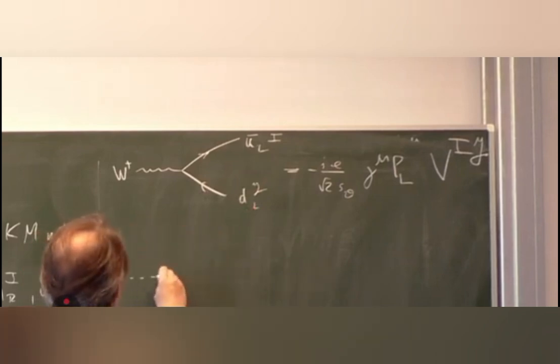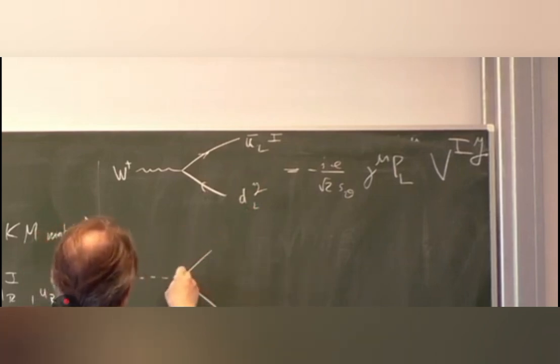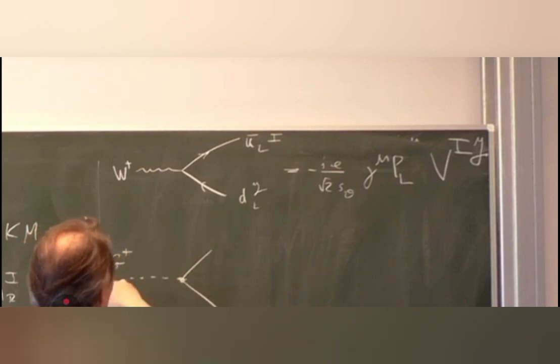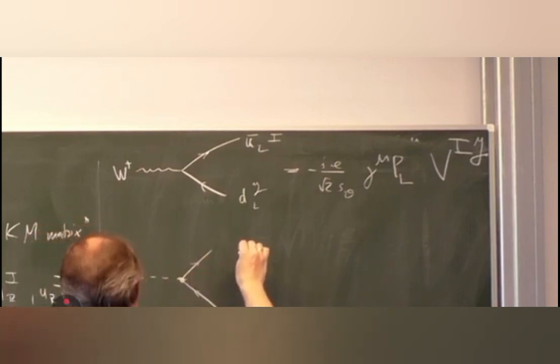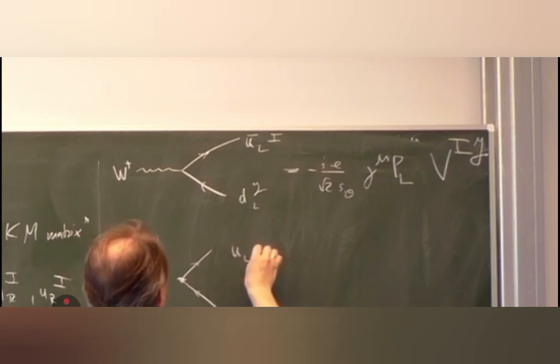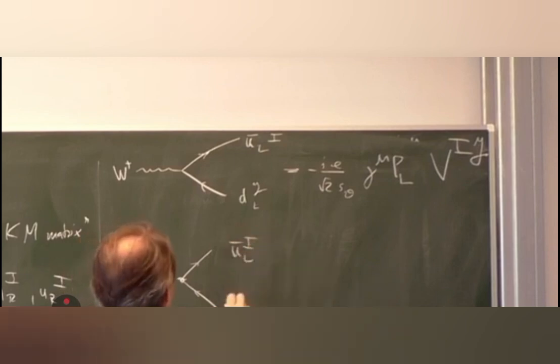And actually the same is true for the charged Goldstone boson. If you have a charged Goldstone G plus, which is unphysical, but nevertheless in our gauge it appears, then we have the same structure.